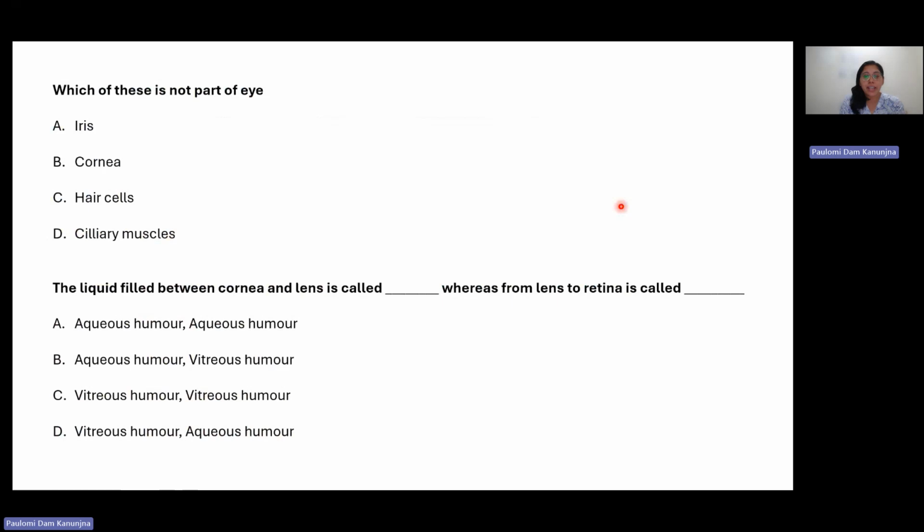And the second part is, what is the region from lens to retina called? The first question is a simple anatomy question, which asks which is not part of the eye. The second question asks, between cornea and lens, and between lens and retina, which part is present?